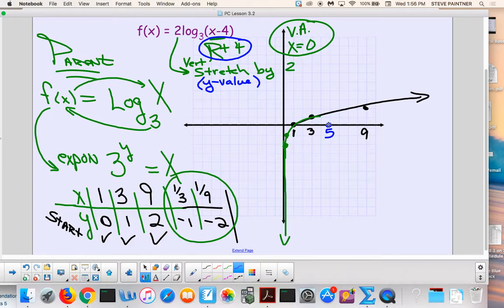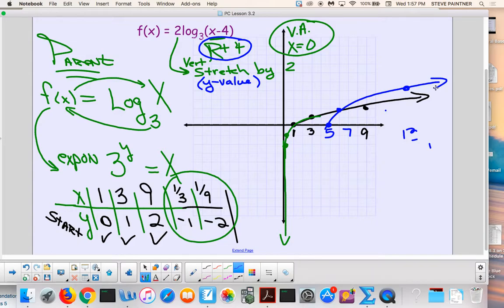Okay, this one. 1, 2, 3, 4. I'm at 7. But I'm up 1. Stretch it by 2. Go up 2. Right here. This one. 1, 2, 3, 4. I'm at 13 now. 13, 2. Stretch it by 2. 4. I see this. Going that way.